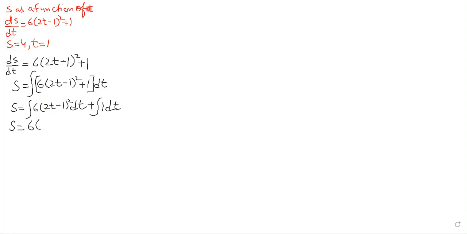After that, the power of (2t minus 1) will be increased by 1, so 2 plus 1 is 3. Then it will be divided by the coefficient of the variable. The coefficient of t is 2, so I have written 2 over here, multiplied by the new power, which is 3.